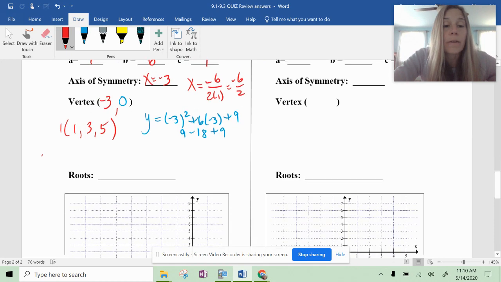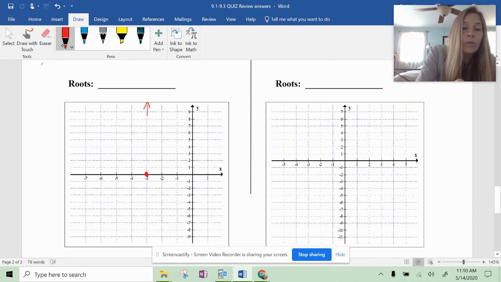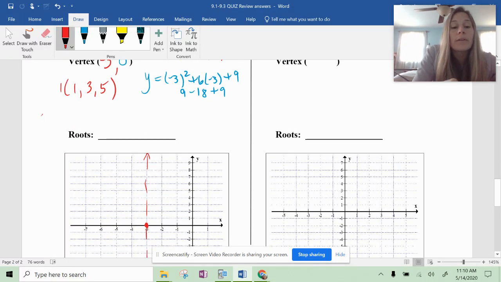So starting at my vertex, which is -3, 0, my axis of symmetry is the vertical line, x equals -3, going through that vertex. My graphing pattern is 1, 3, 5, so we're going to go up 1 over 1, up 3 over 1, up 5 over 1. Same thing on the other side of the axis of symmetry.